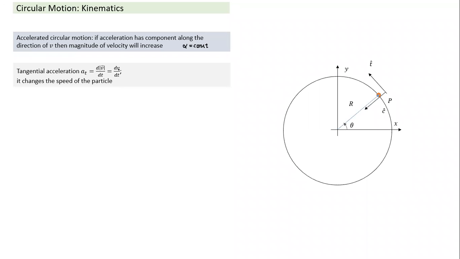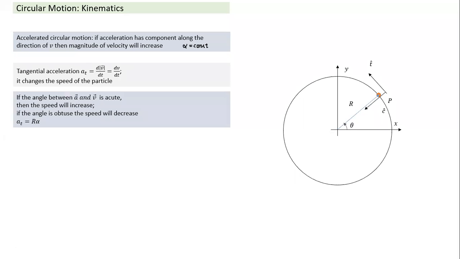The rate of change of magnitude of speed is the tangential acceleration. So tangential acceleration is the component which changes speed. If the object is moving anticlockwise and it is positive, it will speed up, and omega will also increase. If it is acting in the negative direction, it will slow down. So be very clear: a_T is equal to this expression, the rate of change of speed, the tangential component.